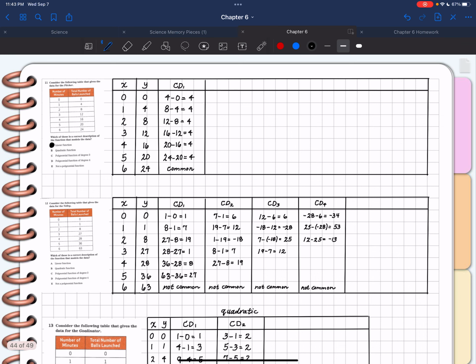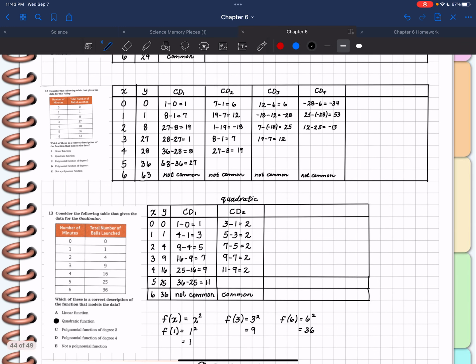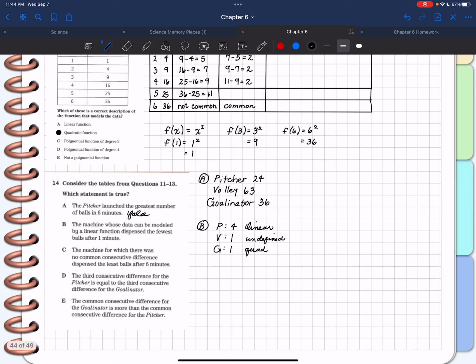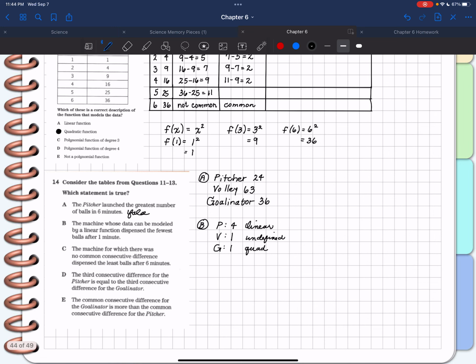And then the pitcher at 1 minute was 4. This was the linear. This one was undefined. And this one was quadratic. The machine whose data can be modeled by a linear function dispensed the most balls after 1 minute. So this is a false statement.